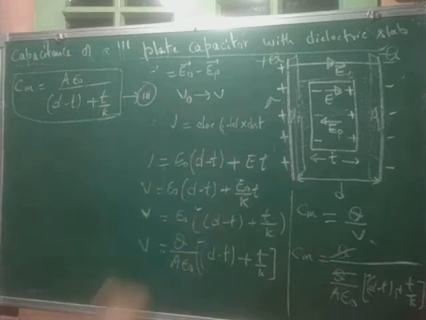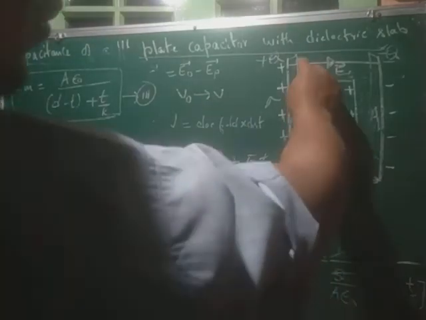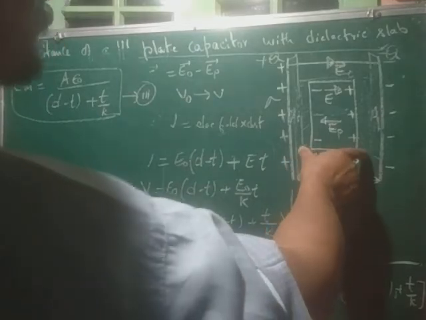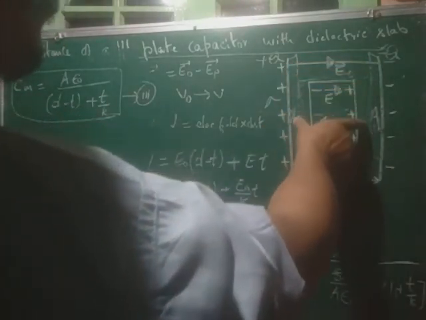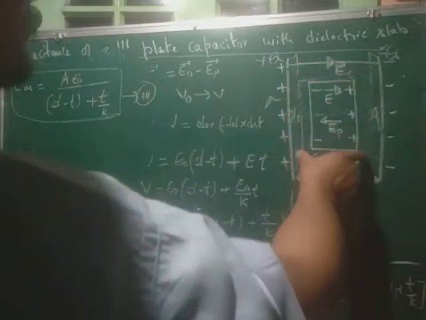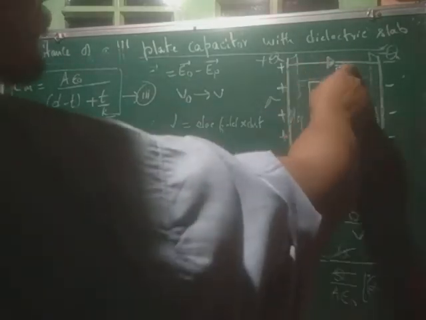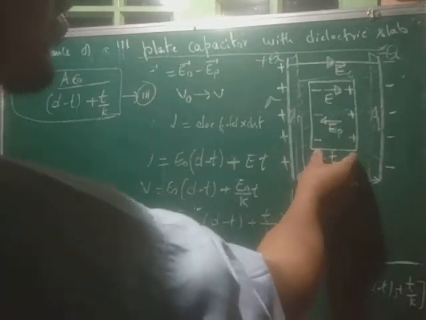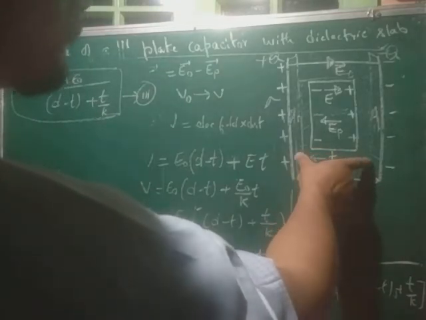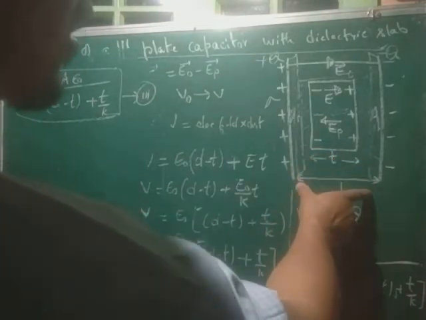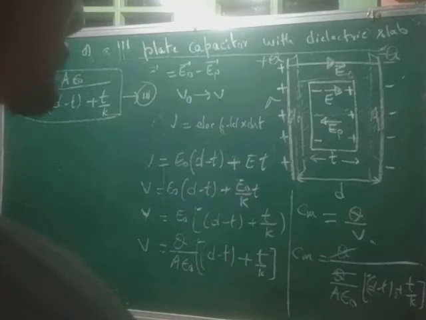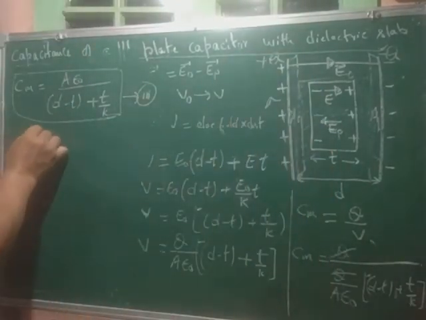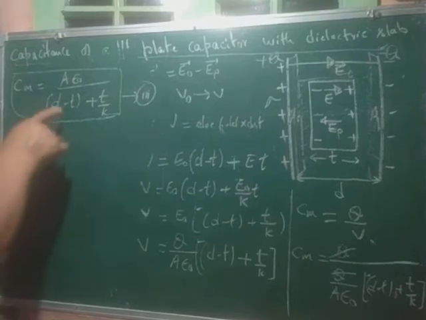Now a special case: if the whole space between the two parallel plates is filled completely with the dielectric, then look at this small t. It becomes equivalent to small d. So when the whole space is filled with the dielectric, t equals d.